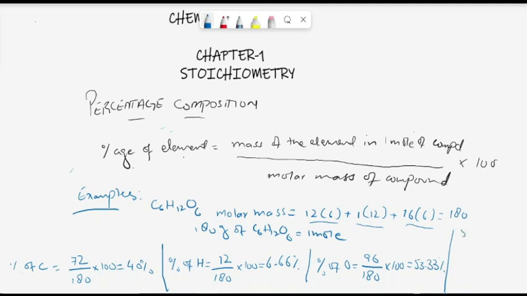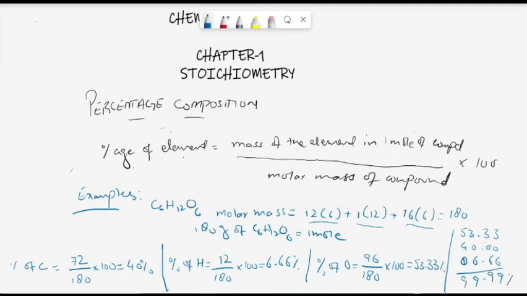Now let's add all of these quantities again. So we have 53.33 plus 40.00 and 6.66. So this is equal to 99.99.